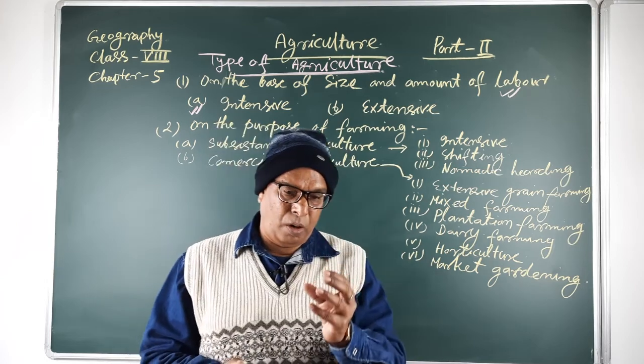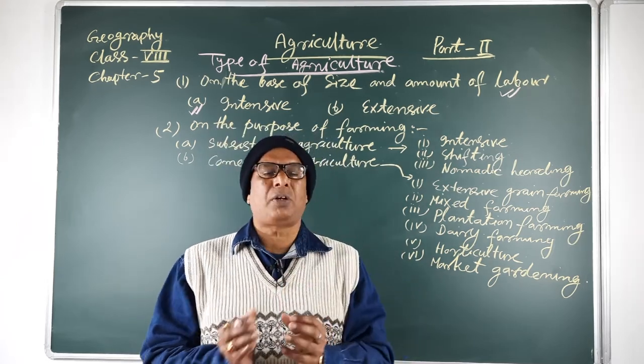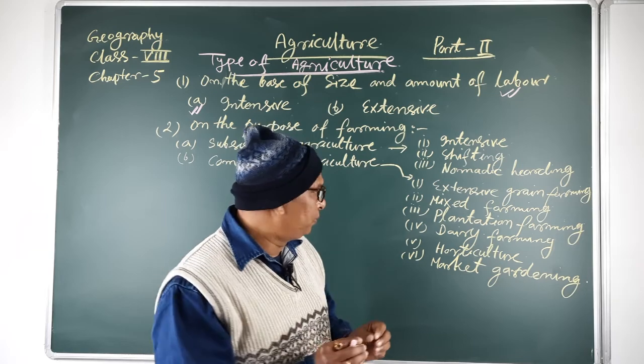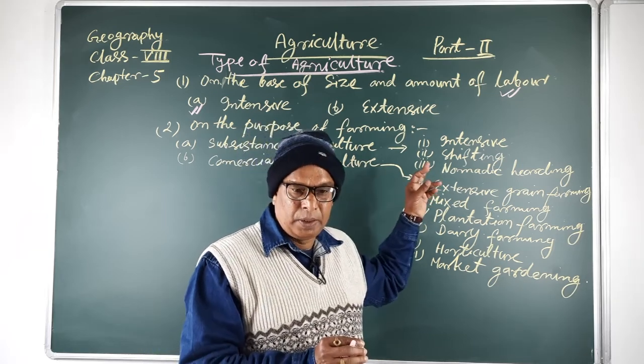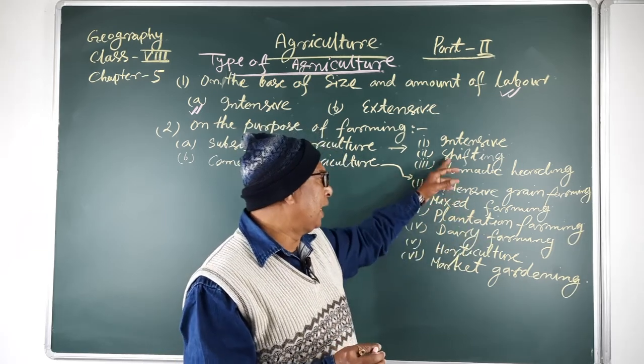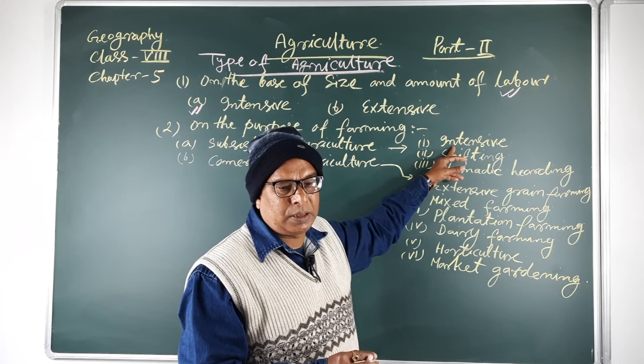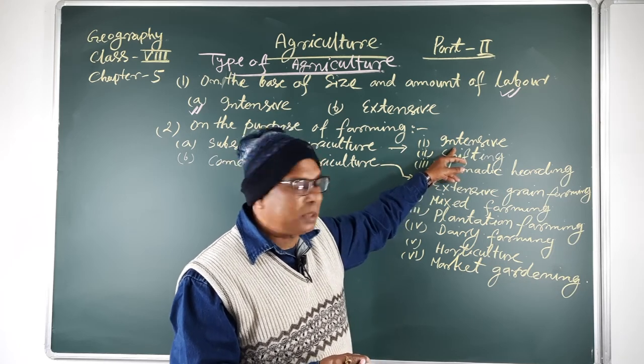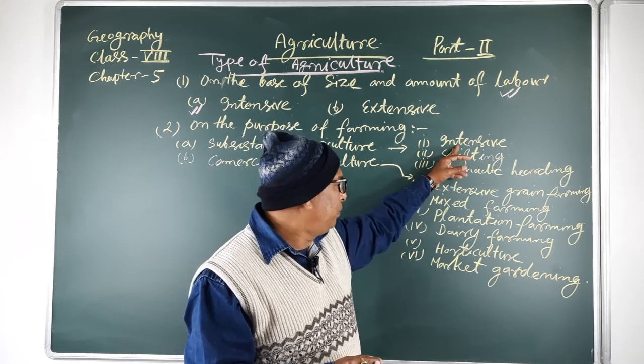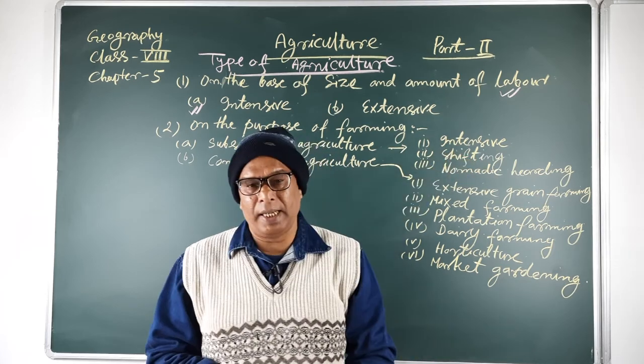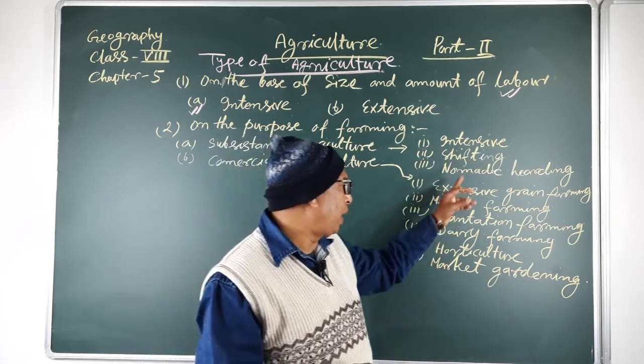Therefore, small parts of agricultural farm are found in densely populated areas, and manual labor is used for this farming.